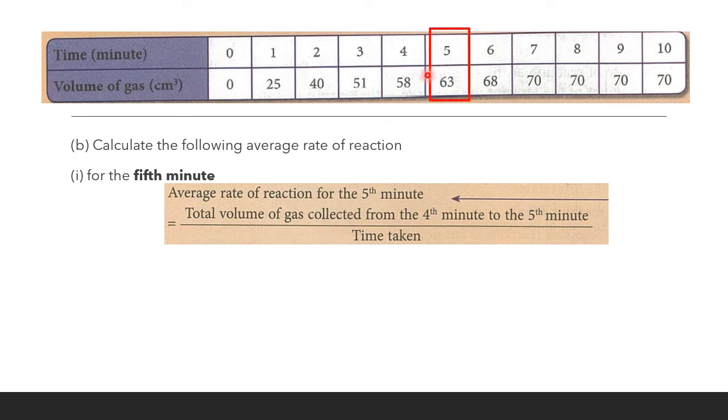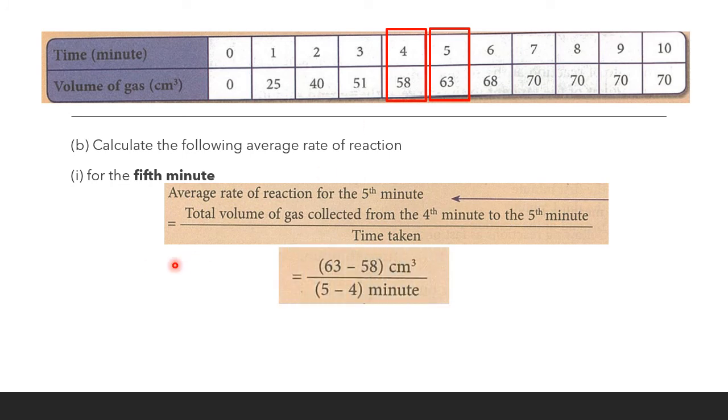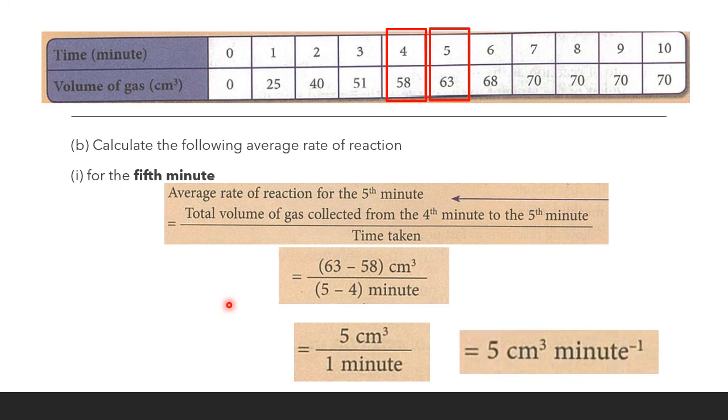Therefore, yang inilah kita highlight kan. Masukkan dalam formula volume of gas 63 minus 58 over 5 minus 4. So is equal to 5 centimeter cube per minute. Okay. So jawapan akhir jangan tinggalkan dalam bentuk fraction macam ni. Mesti convert dalam decimal.